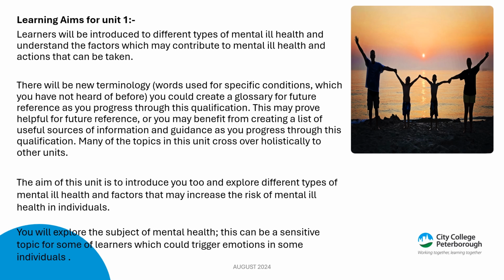You'll understand the factors which may contribute to mental ill health and actions that can be taken for individuals that are showing signs of being unwell. In this unit, you'll probably learn new terminology, so words that you've not heard before for specific conditions.